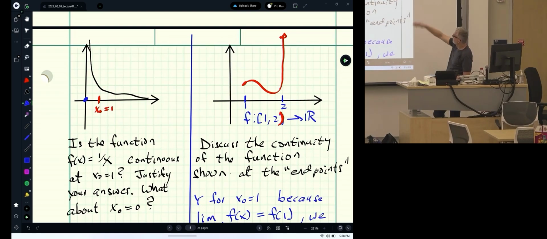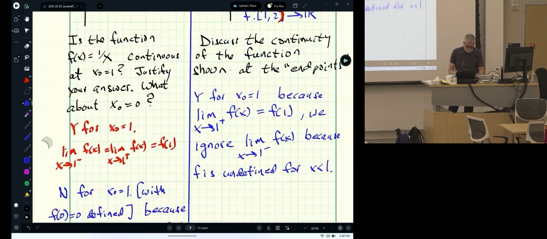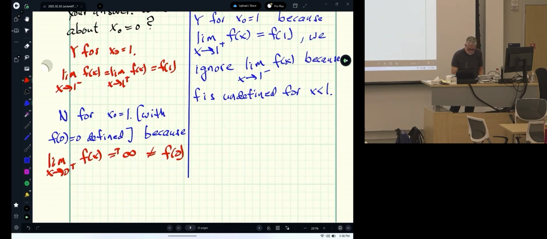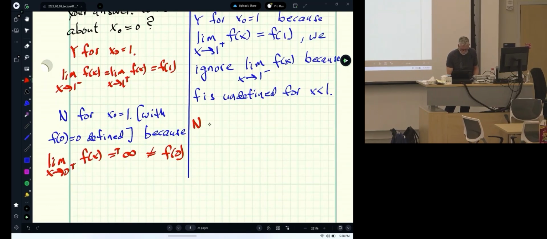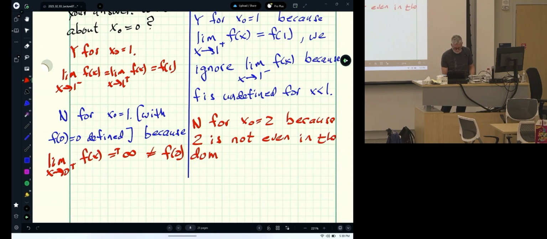And then the problem at 2 is that 2 is excluded from the domain of the function, so we can't talk about limits there. Okay. And no for x0 equals 2, because 2 is not even in the domain of the function. Okay, so I gave you some kind of tricky reasoning here.